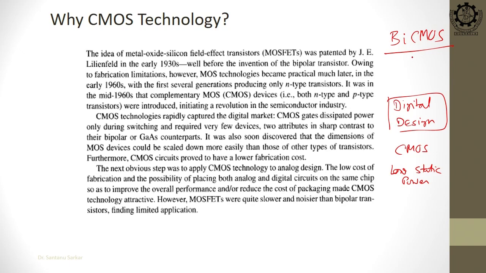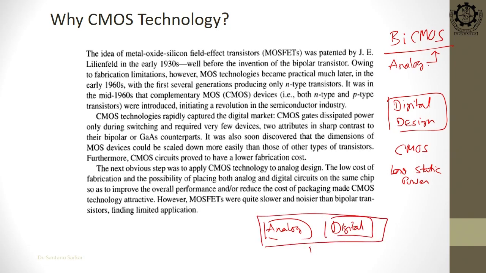Okay. And for analog design, as we need better linearity, CMOS or bipolar technology was preferred, but with the invention and development of CMOS technology, now it is also possible to make both analog and digital on the same die.